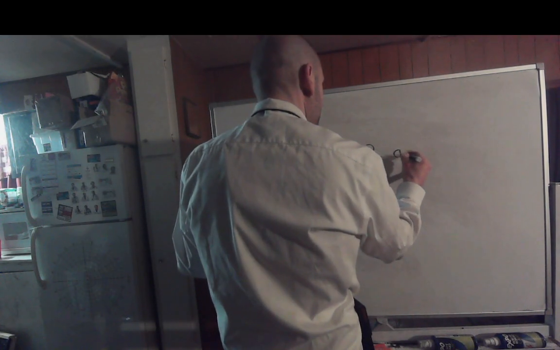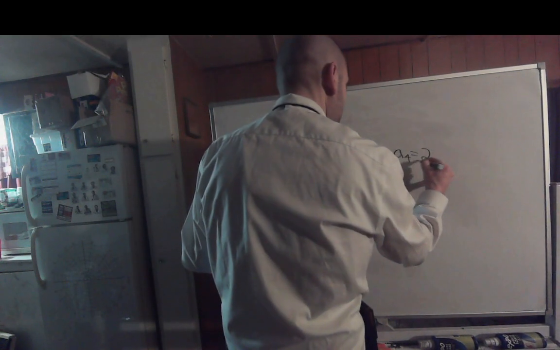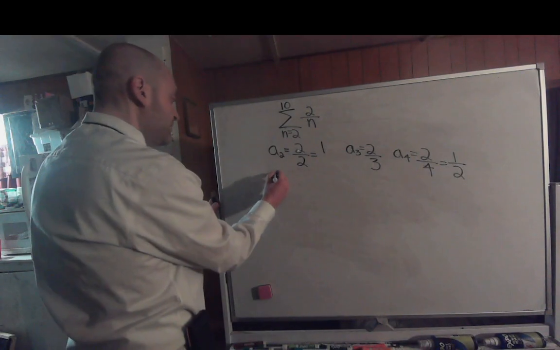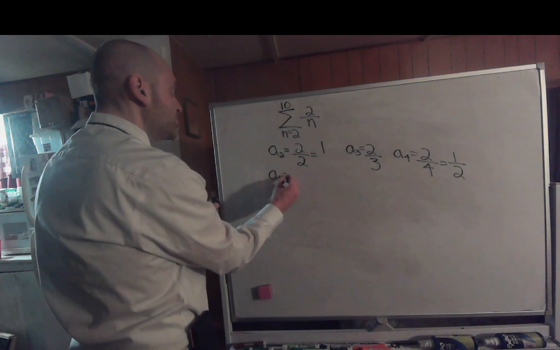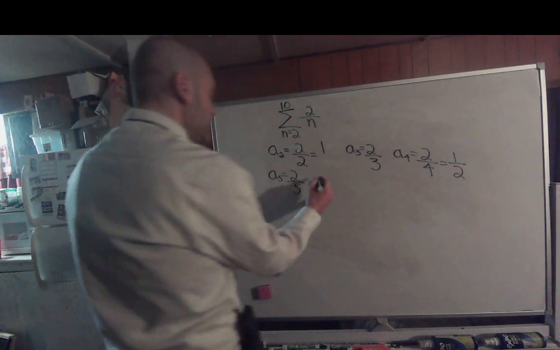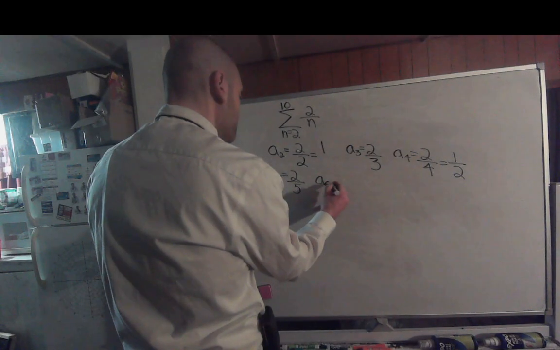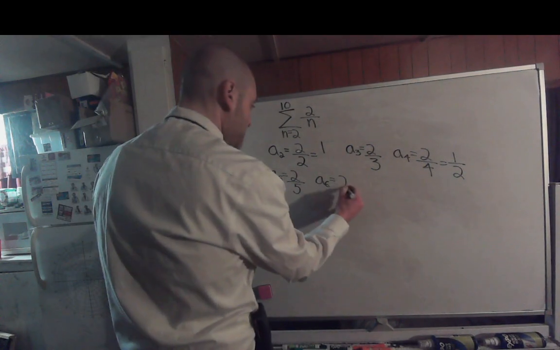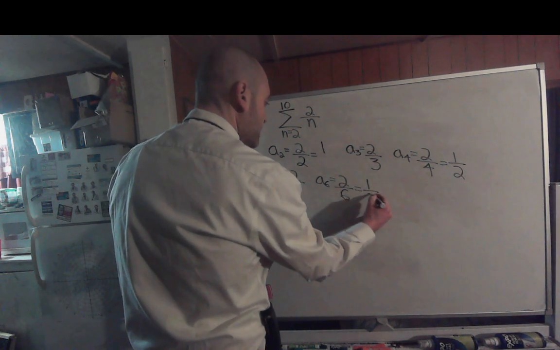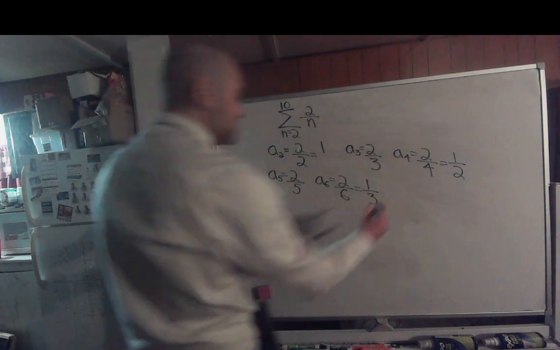If we want to find the fourth term, that would be 2 divided by 4, which we know equals 1/2. Let's find the fifth term. So that's just simply going to be 2 divided by 5. Let's find the sixth term, which would end up being 2 divided by 6, or simply 1/3. Find the seventh term.